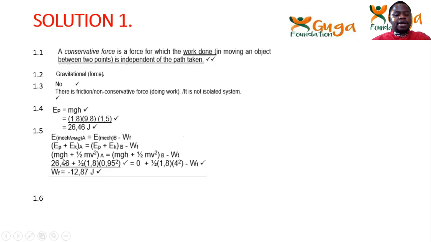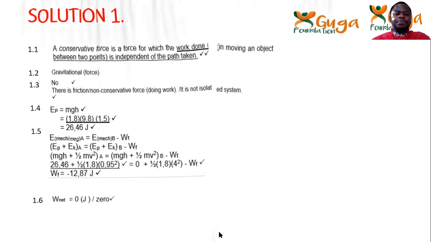So mgh, you have calculated in 1.4 when the object was still up there. For the kinetic energy, you've got the velocity when it's still up there, you just substitute. And then half mv squared, you've got a speed of 4 when it is down there at B. Then you can calculate the work done by friction. Simple. This is simple stuff, okay guys.